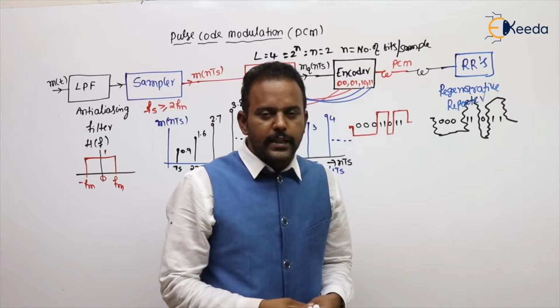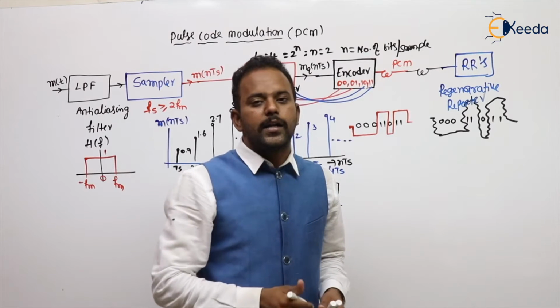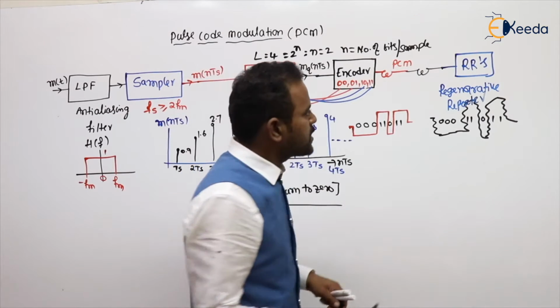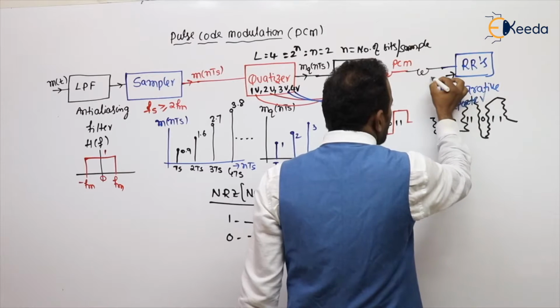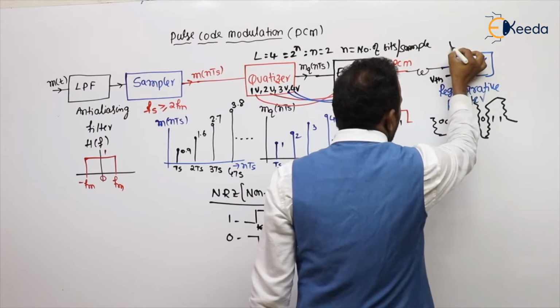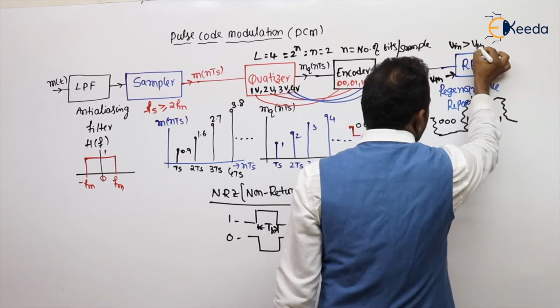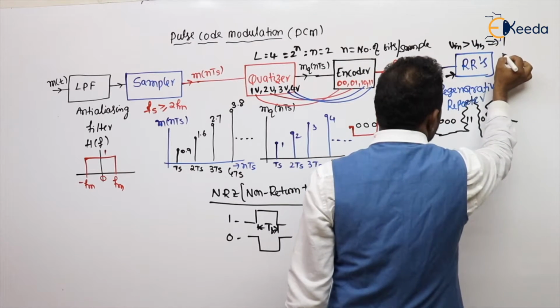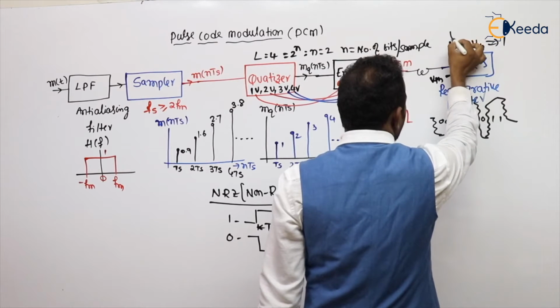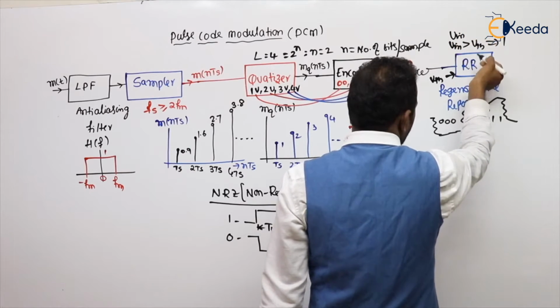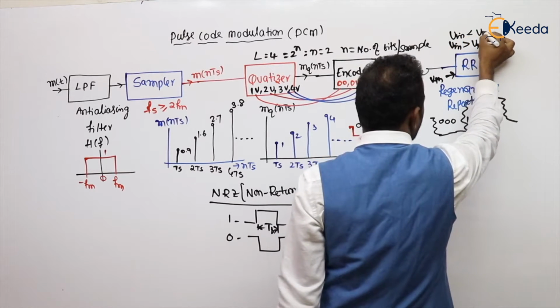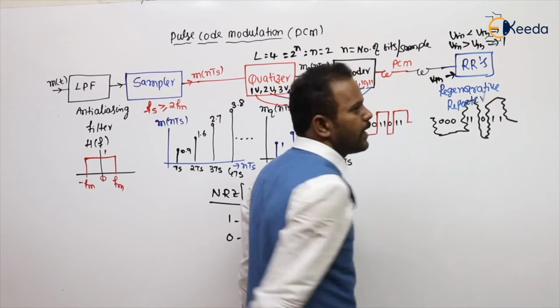Regenerative repeater is nothing but one comparator circuit having some specified threshold level VTH. Whenever input received by RR is greater than VTH, it will generate a 1 symbol. Whenever input received by RR is less than threshold, it will generate a 0 symbol.